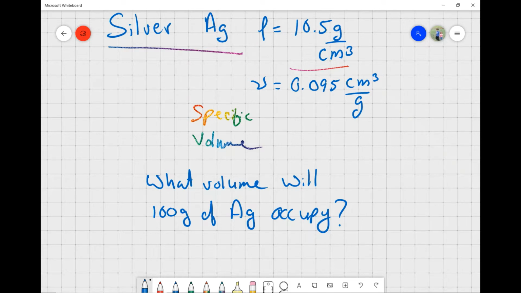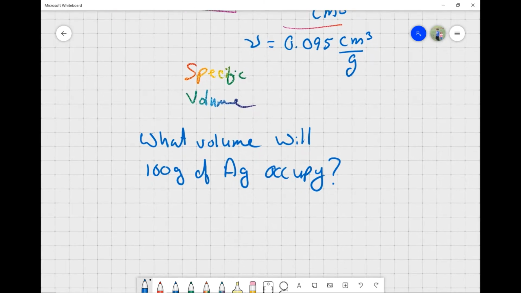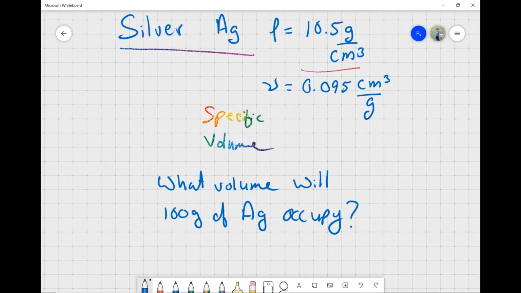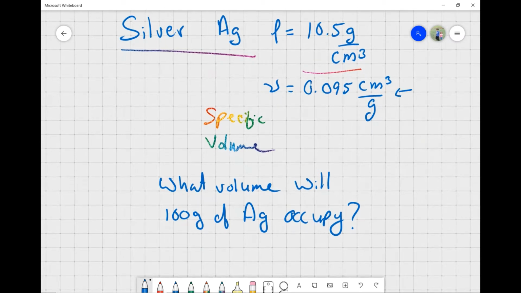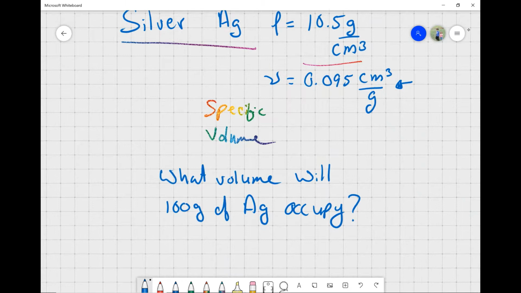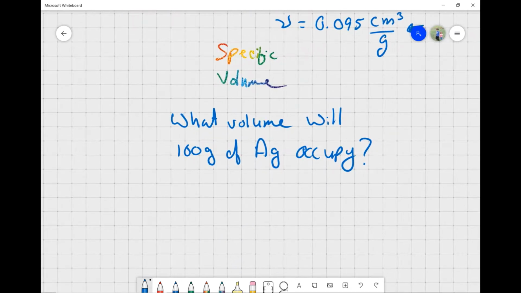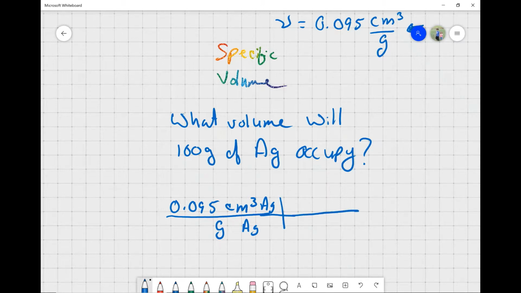I guess we're lucky if we have silver flowing. So what volume will 100 grams of silver occupy? We could do it two ways. We could use the specific volume, since we've seen examples of using density. So there are 0.095 cubic centimeters per gram, and I'm just using silver to keep the placeholder.